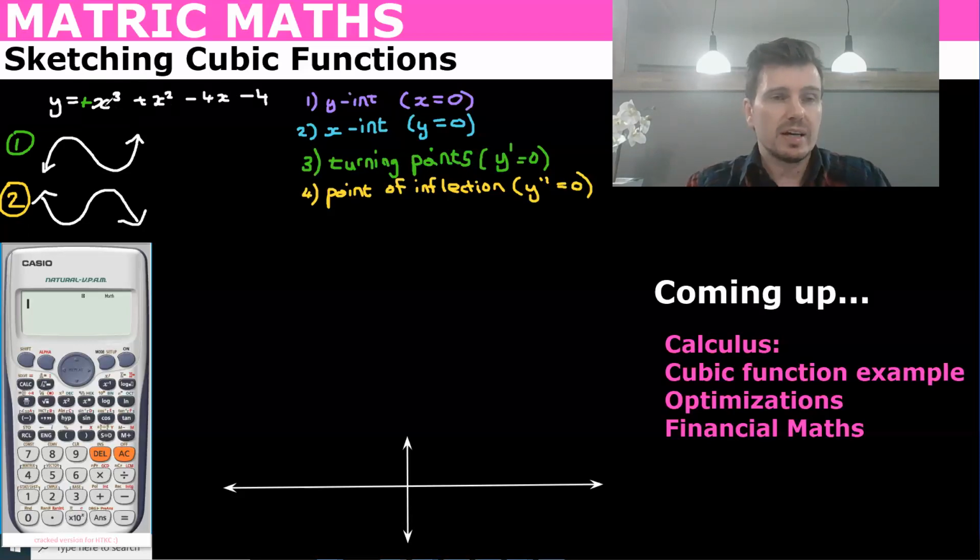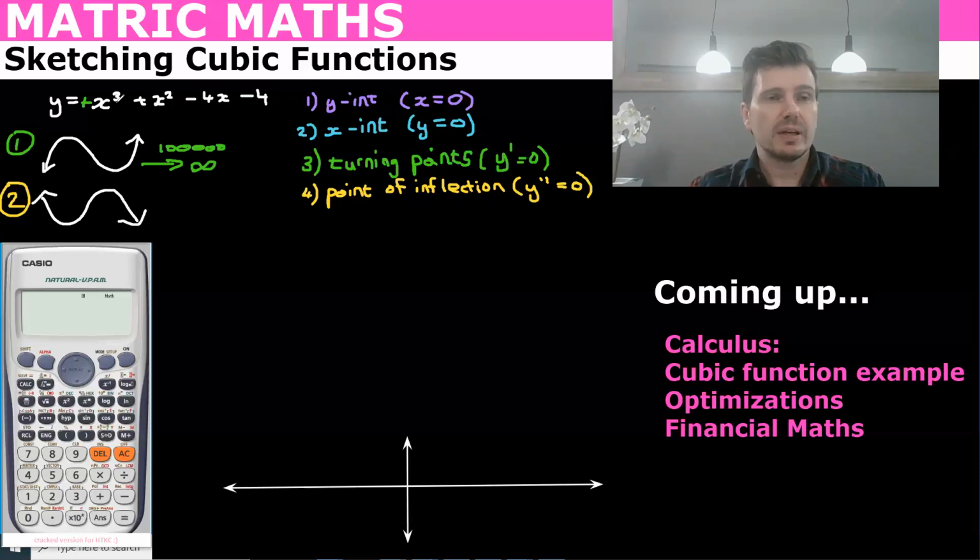So let's take 1,000,000 cubed, and that's going to be just a huge, huge number. So plus 1,000,000 cubed, as x goes towards 1,000,000, or in other words, into infinity, we get a very large number.